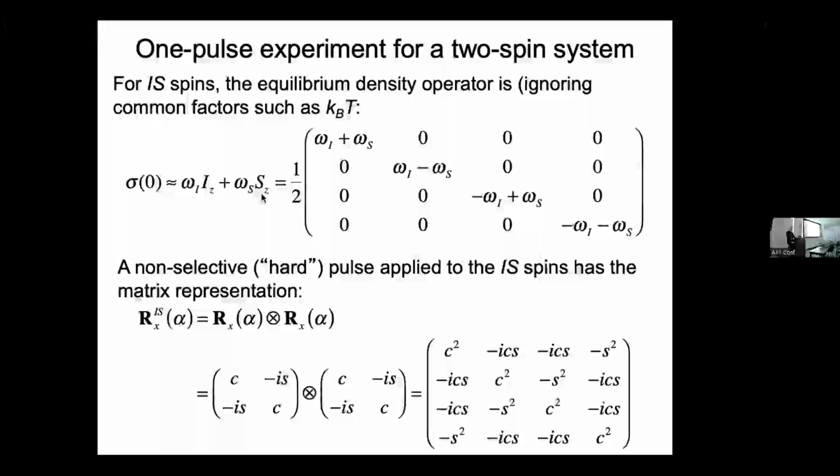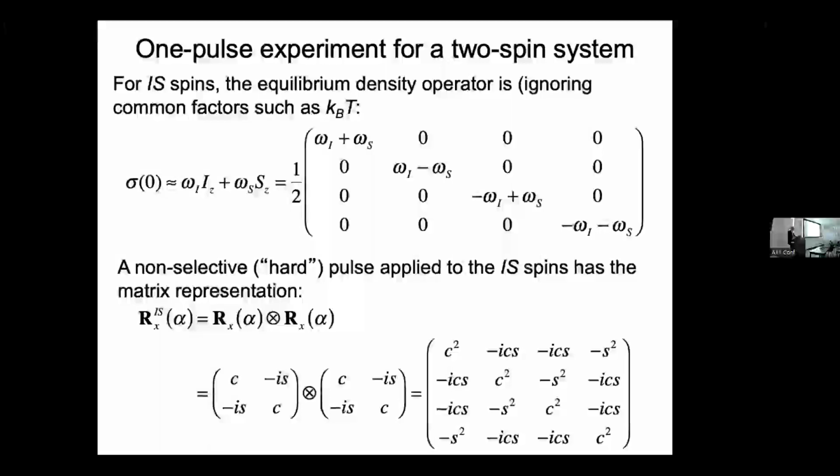As I said, sometimes I'll drop the omegas and just have Iz and Sz. The omegas came because the amount of magnetization, the equilibrium polarization, was h bar omega over either 2 or 4 kT. And I said, normally I don't write all the constants because I can put them back. But the omega I and omega S could be important.